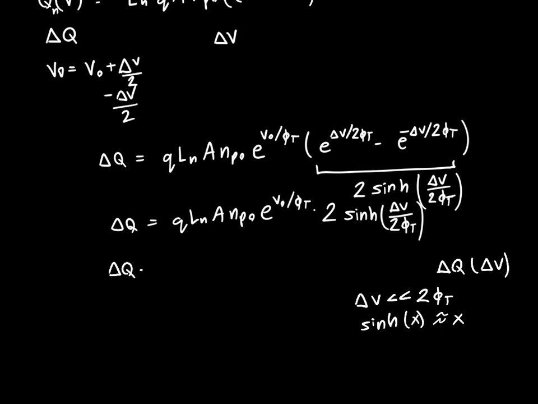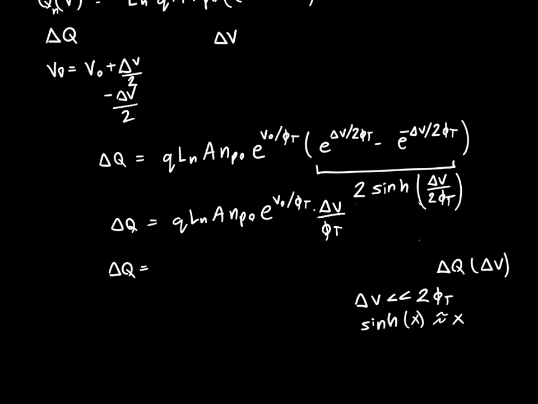I'm not going to repeat the constants. I'm just going to erase the sinh up here. So instead of sinh of delta v over 2 phi t, and we need to keep the factor 2 up front, it becomes 2 times delta v over 2 phi t. And so the 2's cancel. Again, I'm going to erase them so that I'm not having to rewrite so many things. And we're left with this final expression. Delta q as a linear function of delta v.